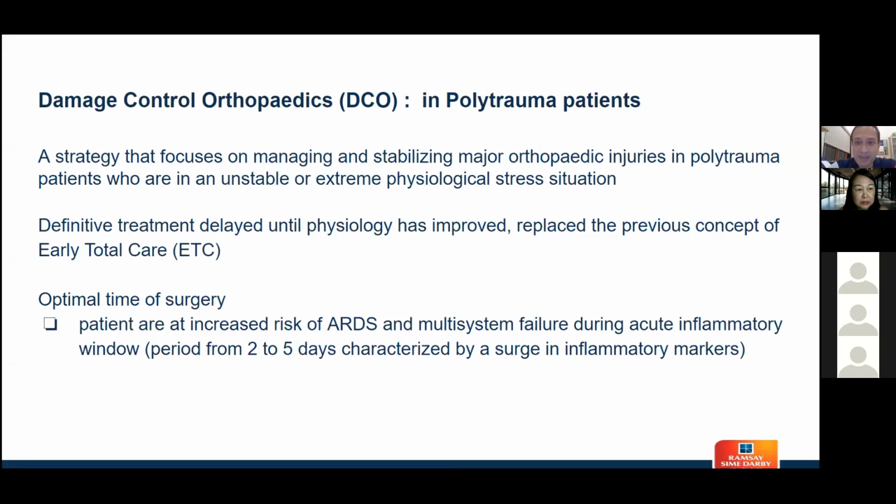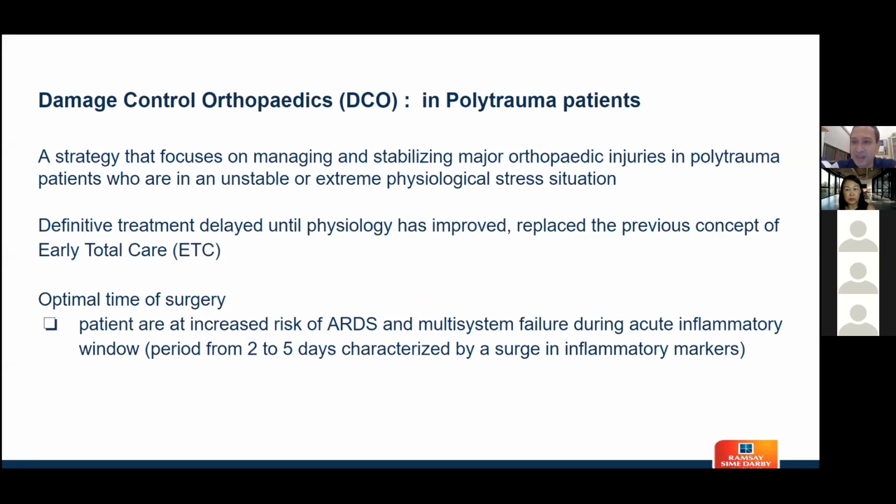Okay. Previously, back in the 1960s up to the 1980s, the concept of early total care was used, which means that if a patient has multiple fractures, everything was treated as early as possible. Fix everything, and the patient will survive, or they do better. But eventually, we realized that wasn't the case.